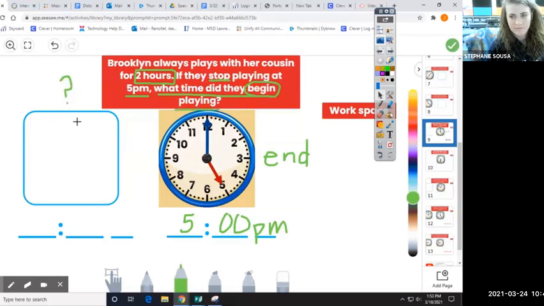I don't know my start time. I need to figure that out using the clock. Because I have my end time and I'm looking for my start time, that means I'm going to be moving backwards in my day. On my clock, I'm going to be moving backwards the elapsed time. Let's look at the clock to prove our work.